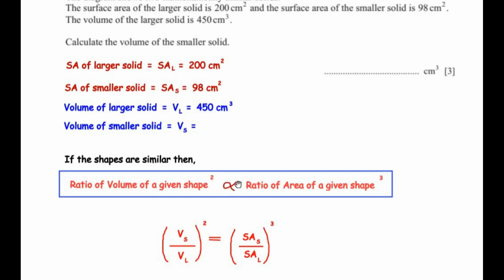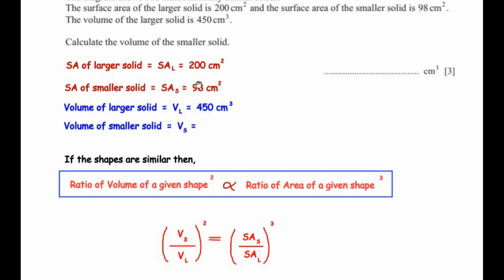The proportional symbol is being replaced by equal to sign and the ratio of areas is written as surface area of the smaller shape divided by surface area of the larger shape. Now the volumes have been squared using this relationship and the surface areas have been cubed.